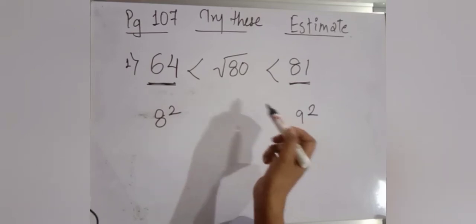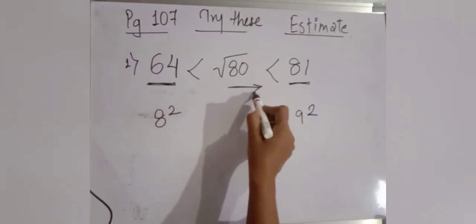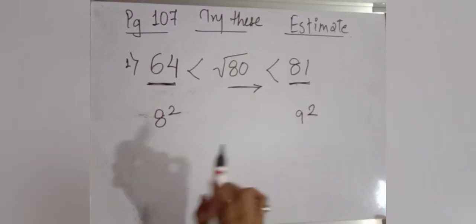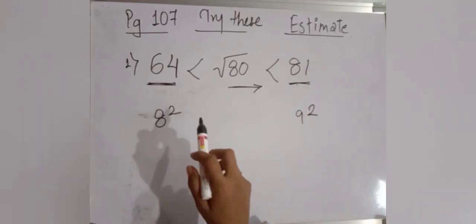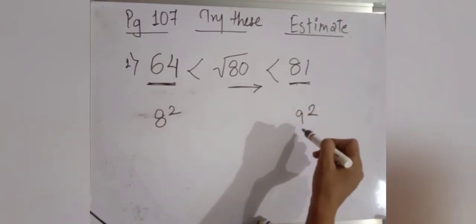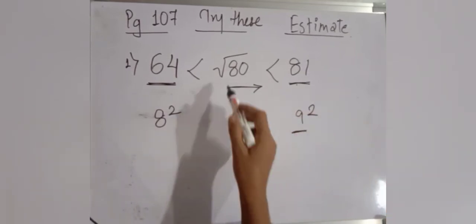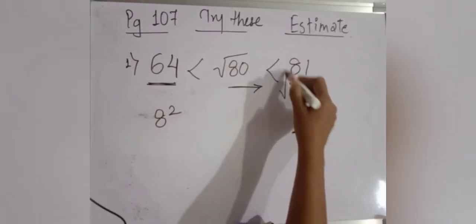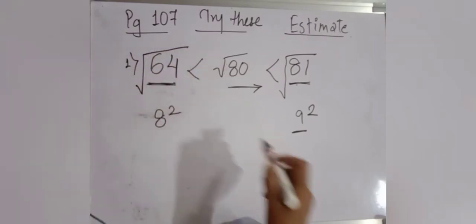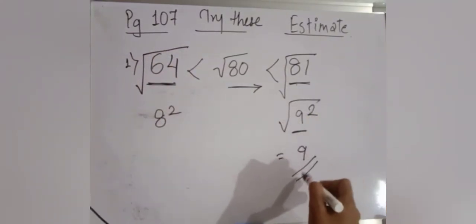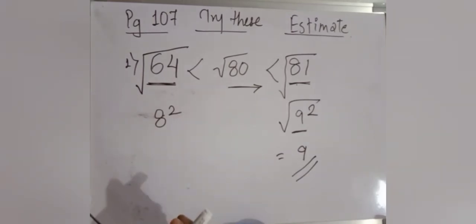And we see that 80 is nearer to 81. So the estimation of root 80, we can say that the nearest whole number will be 9. Because root is there, the nearest whole number for root 80 is 9.